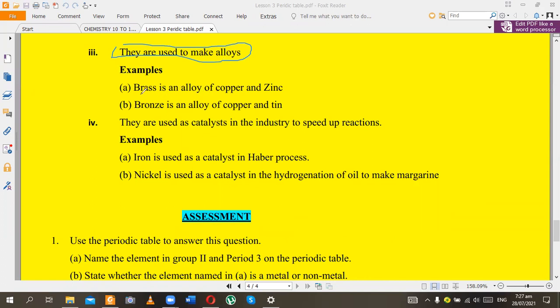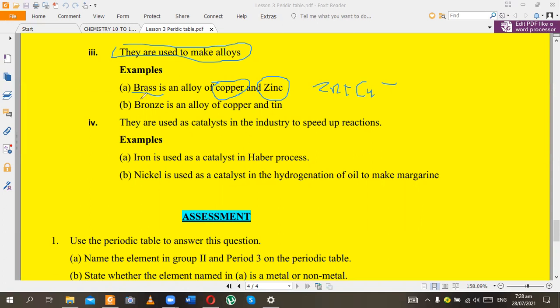So there are quite a lot of alloys. The first one is brass. It's always important to understand the elemental composition. So brass is made up of zinc and copper. We have Zn. In the molten state, you mix with cuprous, then you have brass.